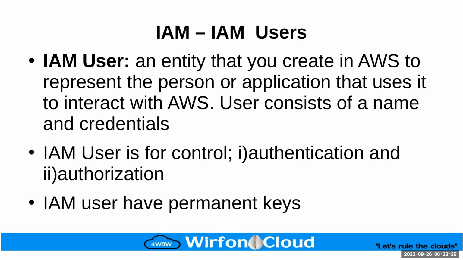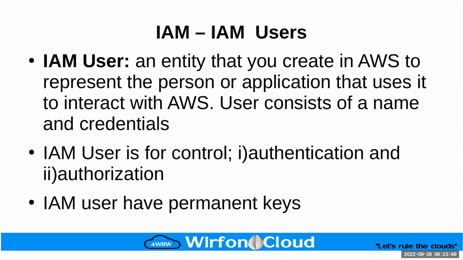So an IAM user can represent a person, or at times it can represent an application. You may have an application that needs to access some particular AWS resources or interact with other services. So an IAM user is not just a person; it can also be an application that uses it.